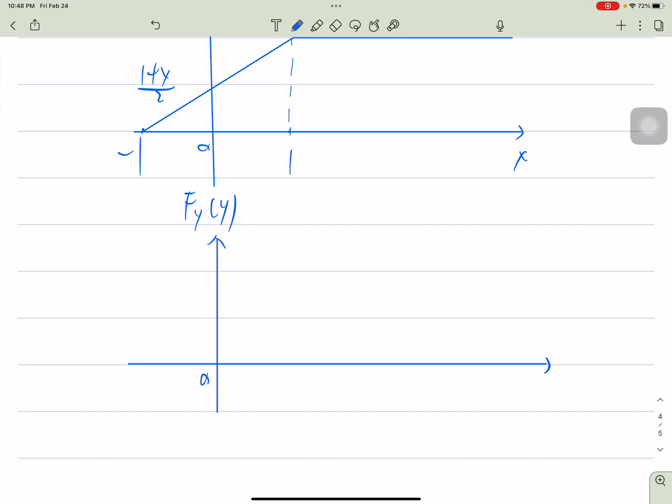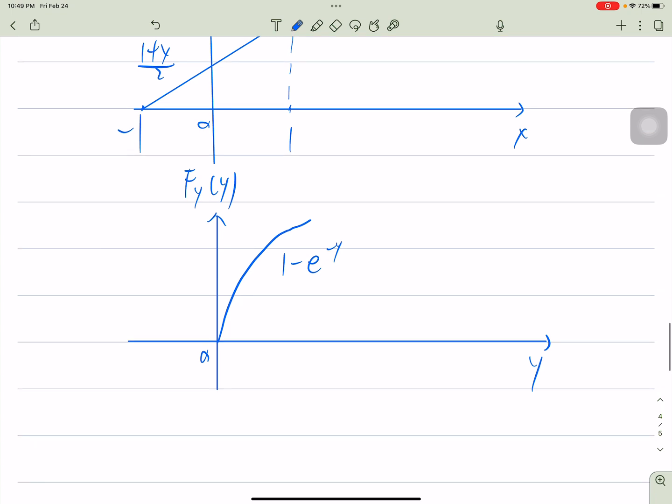It should equal 0 when y is less or equal to 0, and it should equal 1 minus e to the power of negative y. So this is the equation of capital F_Y(y).